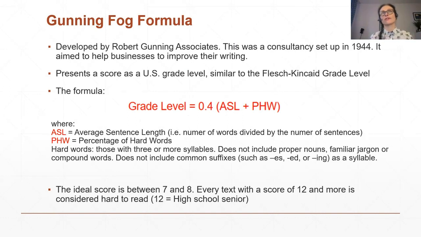It counts the average sentence length and percentage of hard words, where hard words are those with 3 or more syllables. And it does not include proper nouns, familiar jargon, or compound words, but it also does not include common suffixes like es, ed, or ing.